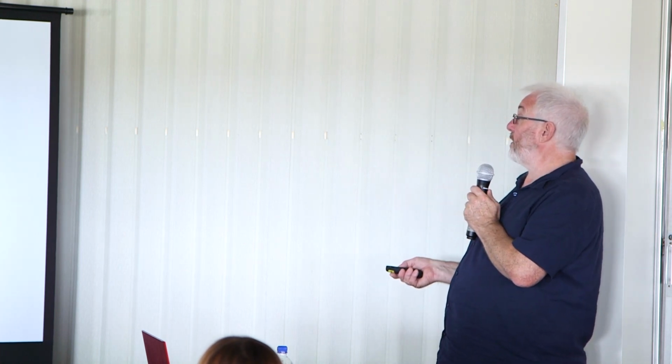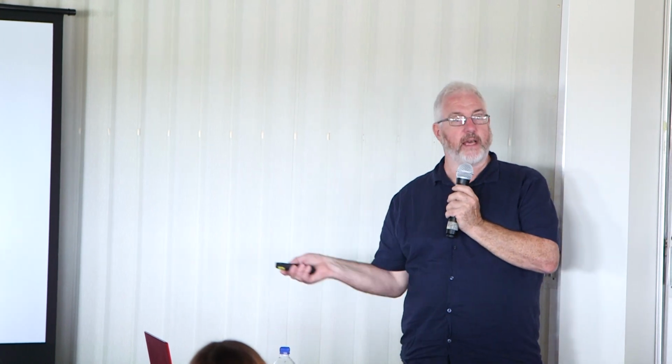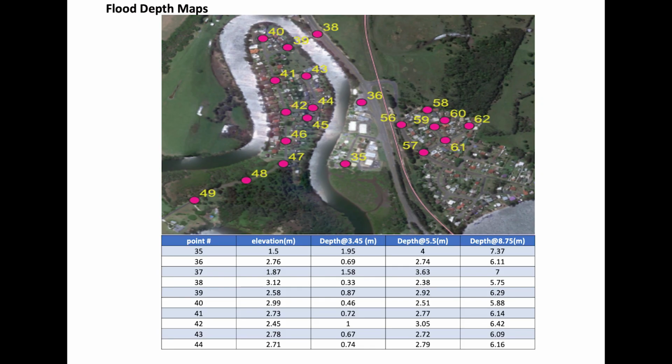Why I've chosen the 5.5 is because that's that flood record being broken by 2 metres, which is what happened in Lismore. Its flood record was broken by 2 metres. So I wanted to give an indication of how deep the water would be in these locations if we had a similar event here that broke the record by 2 metres.